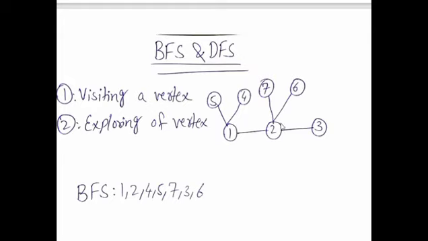So this is how you can apply the breadth first search, right? Breadth first search follows the FIFO, first in first out. So once you have visited a vertex, you have to explore it completely and then visit the next vertex, right? So this was all about the breadth first search.